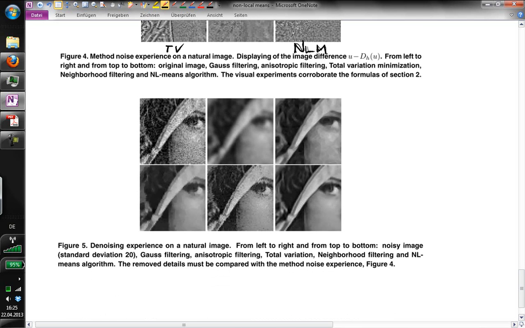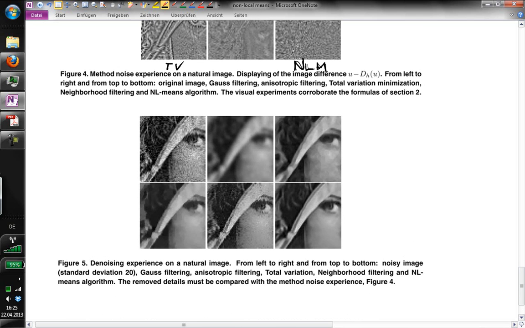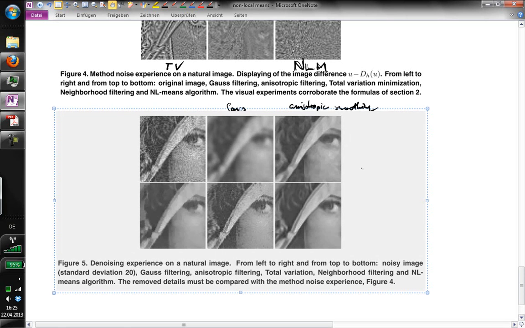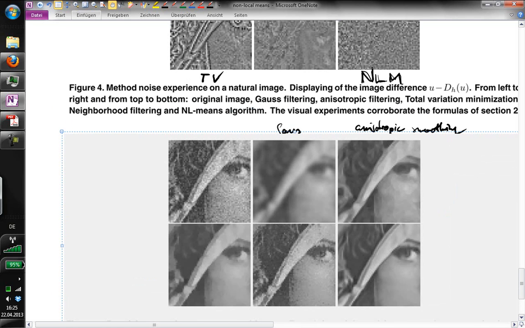At the bottom you have a noisy version, and the results that you get from Gauss filtering and from anisotropic smoothing, which makes for some interesting artifacts, because in such anisotropic smoothing, you always have to decide if there's a local direction of preferred orientation.